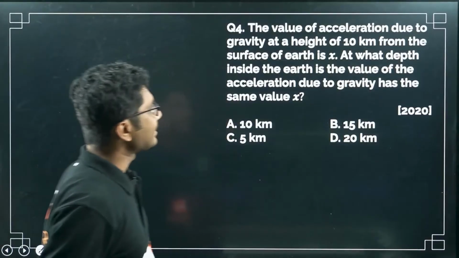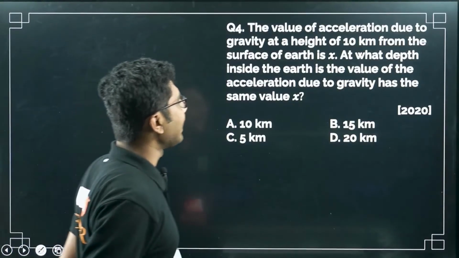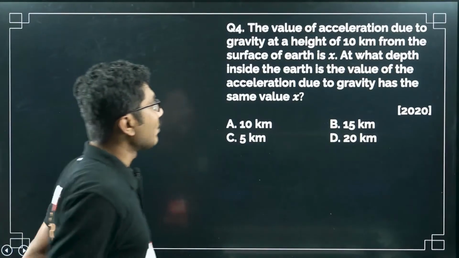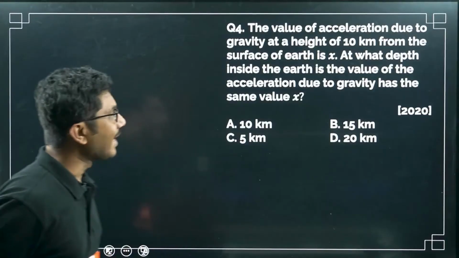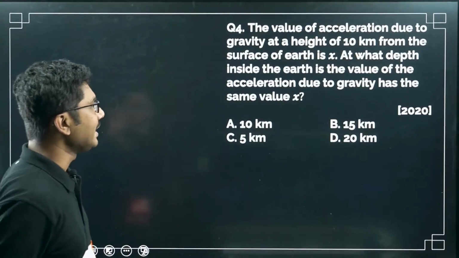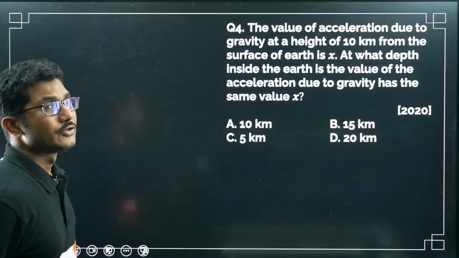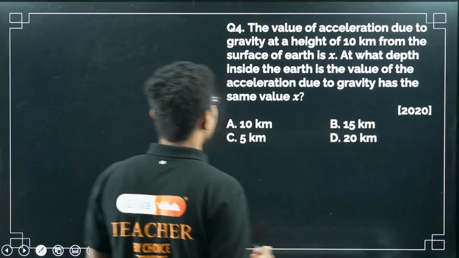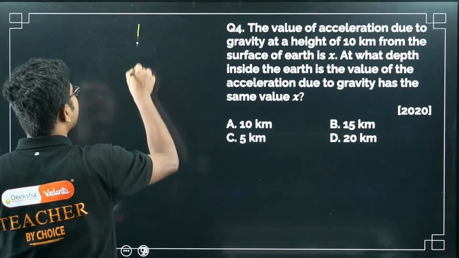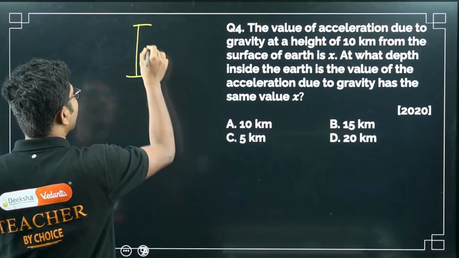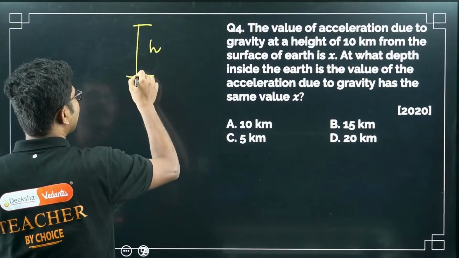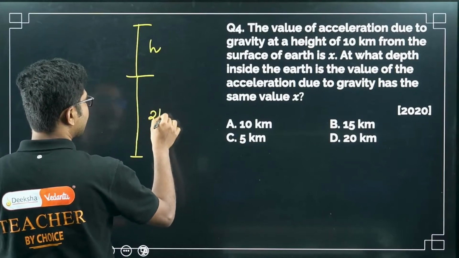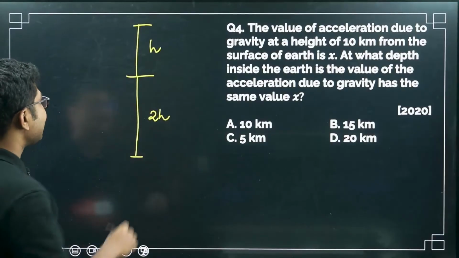The value of acceleration due to gravity at a height 10 km from the surface of the earth is x. At what depth inside the earth does the acceleration due to gravity have the same value x? If you followed our earlier lecture, I explained that if the height is h, close to the earth, then the depth will be 2h to have the same acceleration.